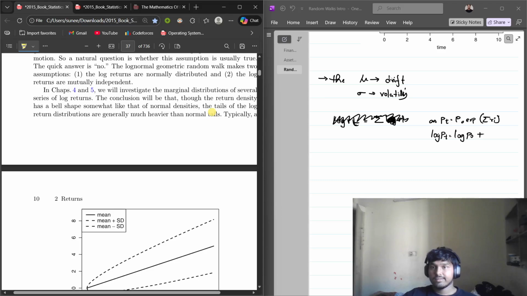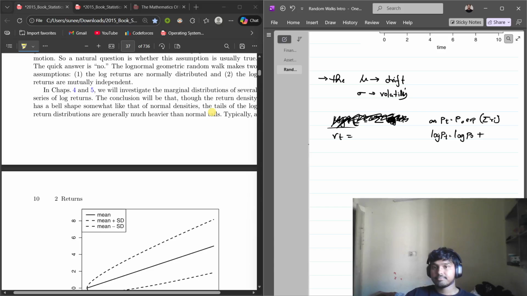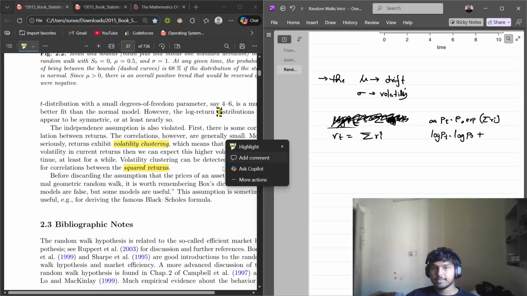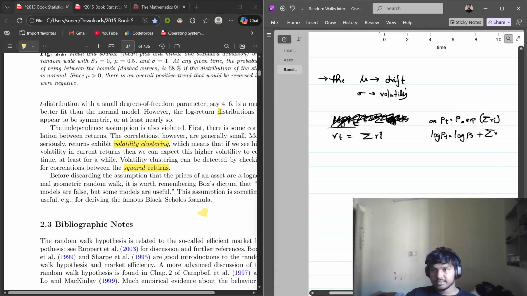R_T is the log returns, so you don't have the log there. Because it's the log returns, you get something like this.